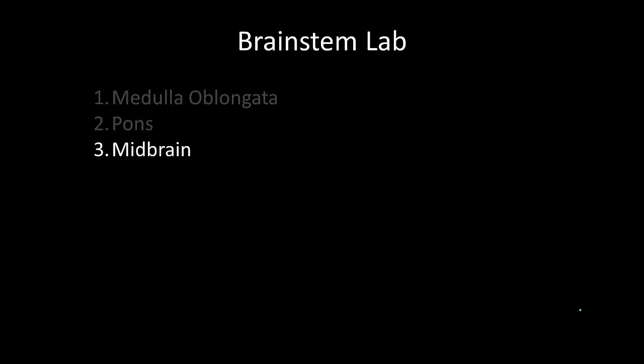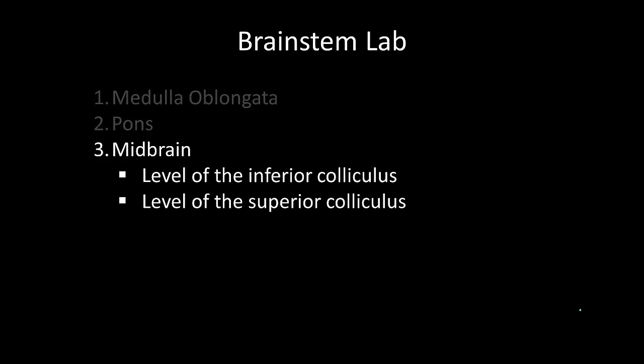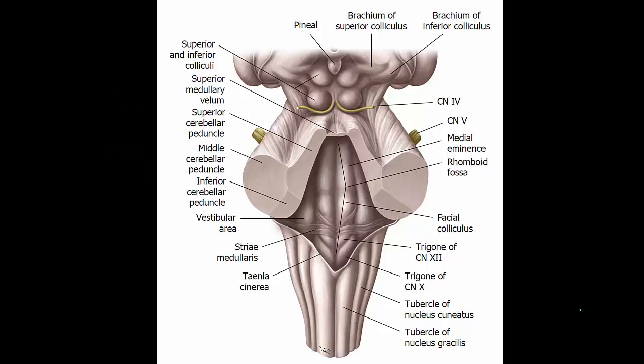Alright, and now very last, we're going to look at the midbrain, and we're going to use two major sections to help guide our study. And so first, we're going to look at the midbrain at the level of the inferior colliculi. And so if you remember from the gross specimen, when you look at the posterior portion of the brainstem, and you peel back that cerebellum, these four little bulges right here, those are our colliculi, superior and inferior colliculi.